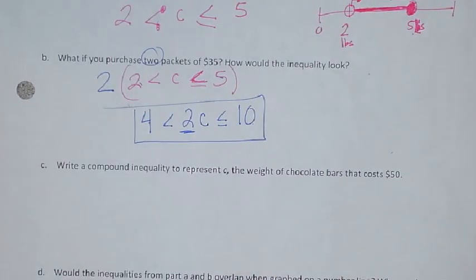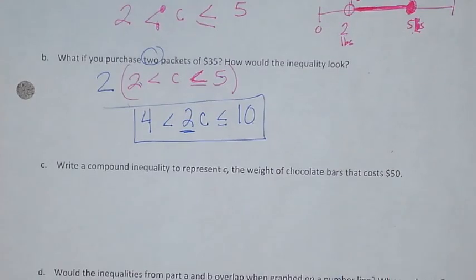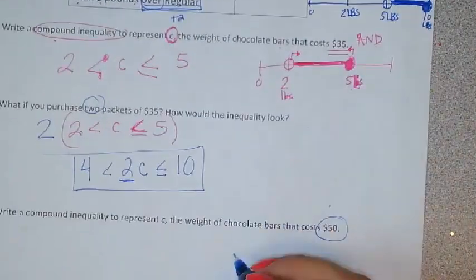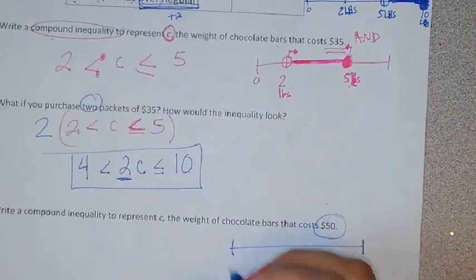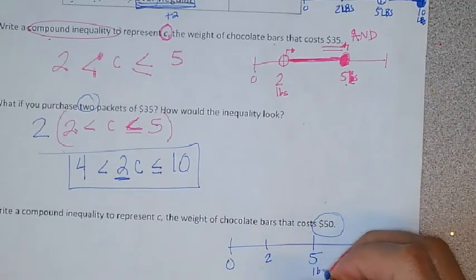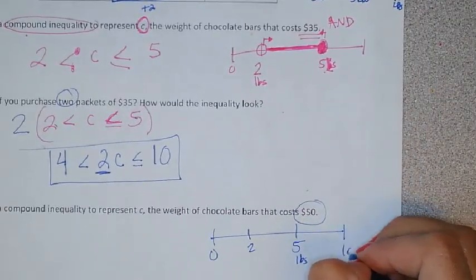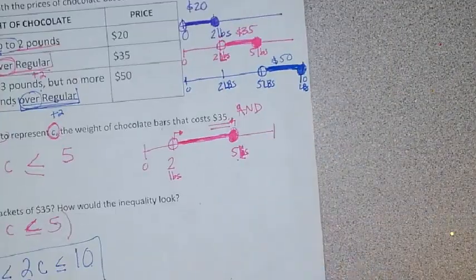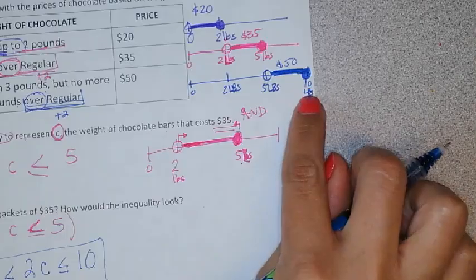Letter C asked me about the $50 category for the chocolate. So the $50 one is this one. So I'll write here. The $50 I have from 5 pounds to 10 pounds. Okay, and the 5 was not included, and the 10 was included.